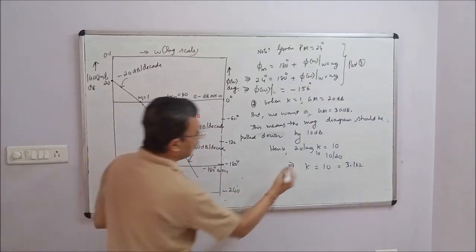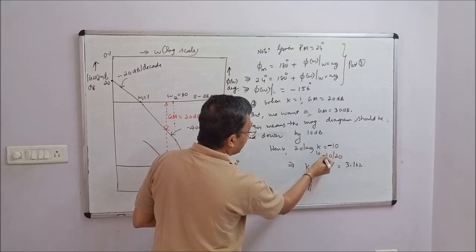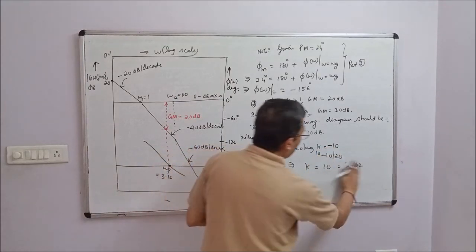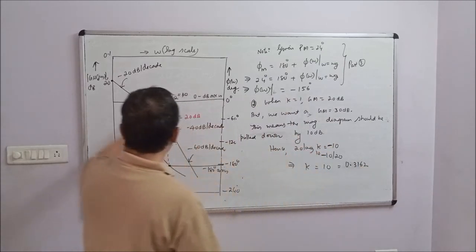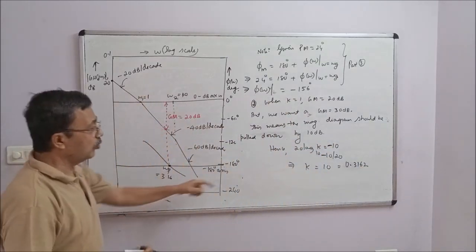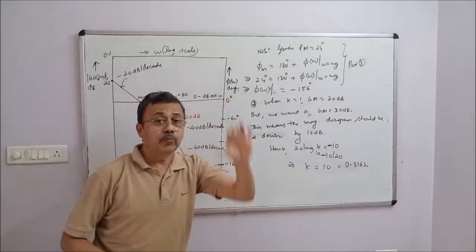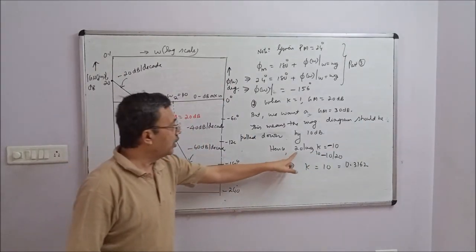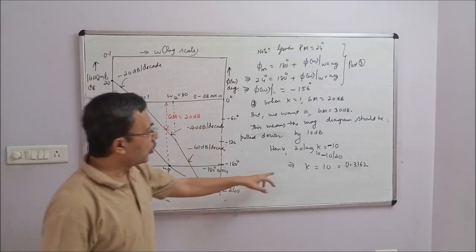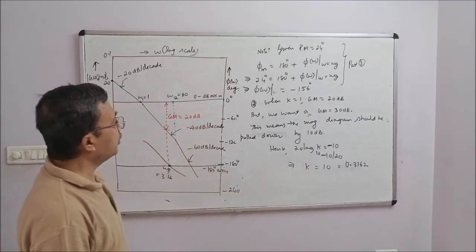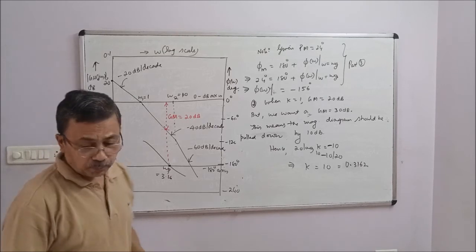Since it is pulled down, we have to put a minus sign here. Whenever you pull down the magnitude diagram, you have to put a minus sign for the difference by which you pull it down. 20 log k to base 10 is equal to minus 10. Therefore, k is 0.3162. This is the second part.